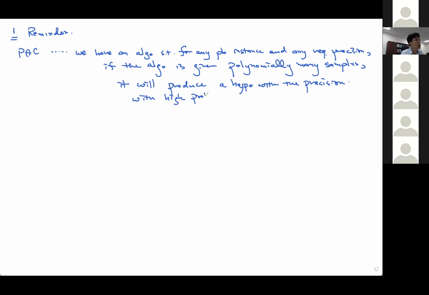So that's the idea. For any problem instance, for any required precision, we just need to give polynomially many examples.